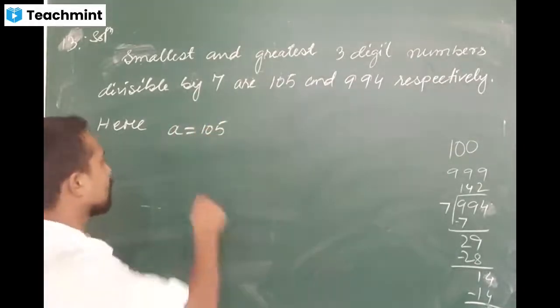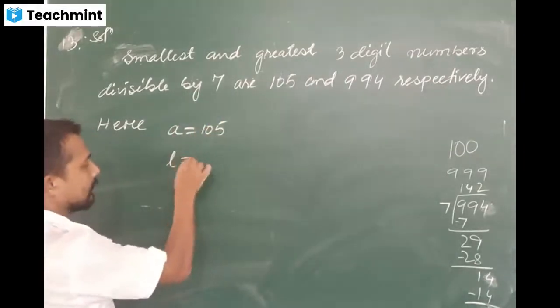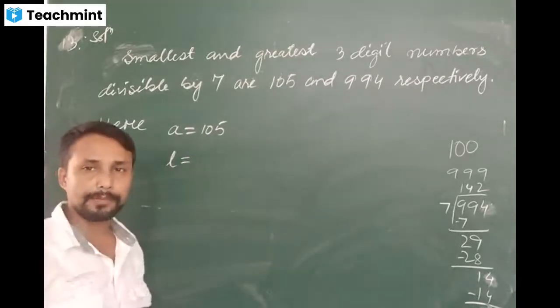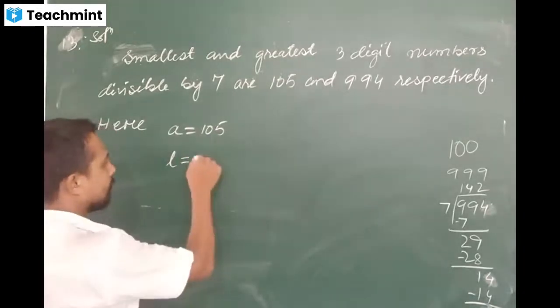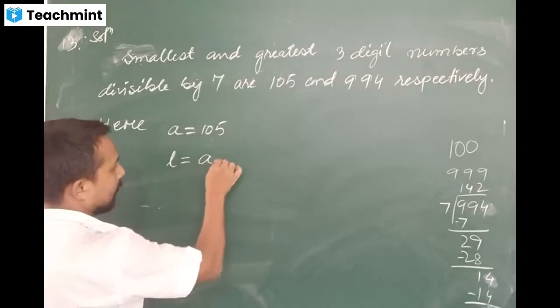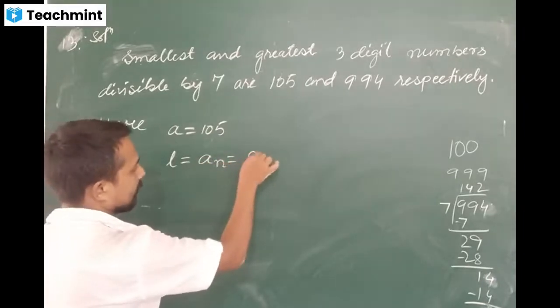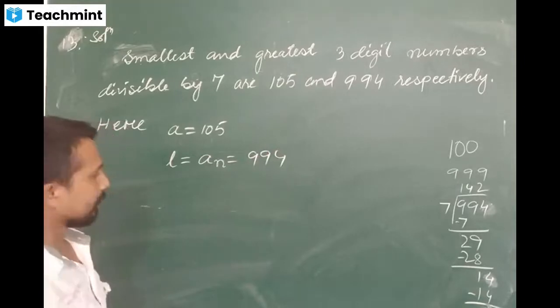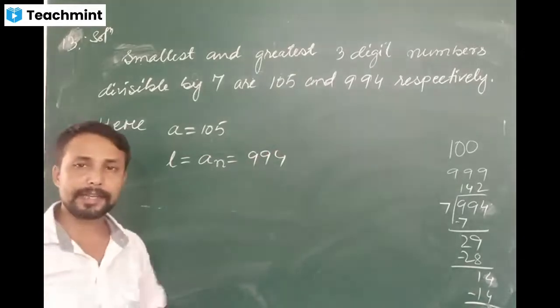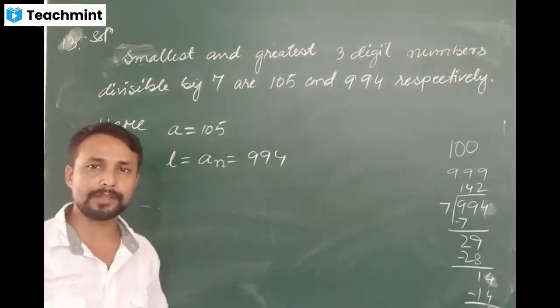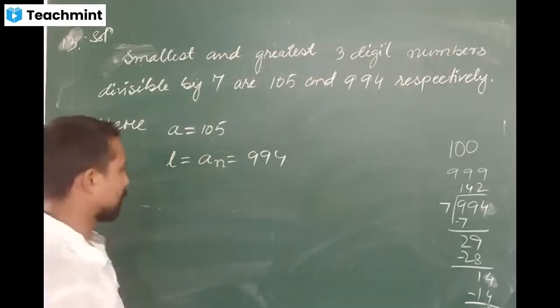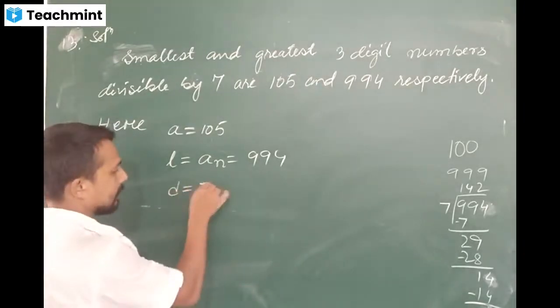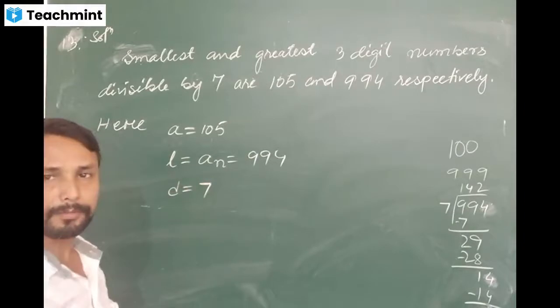The last term, the nth term, L or a_n, is 994. It is very clear that the difference is always 7, because the numbers are divisible by 7.